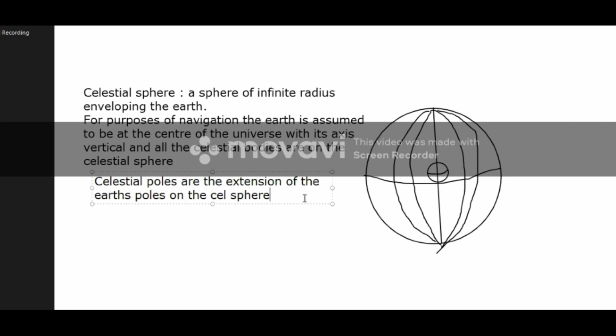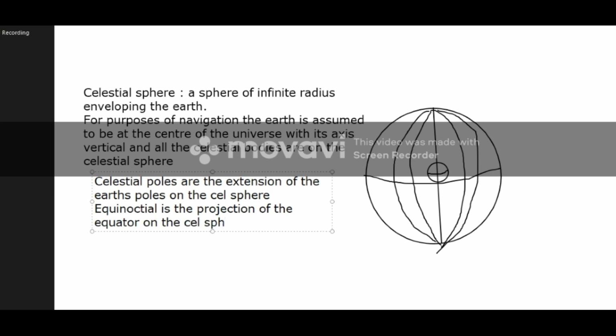Then we can say that equinoctial is the projection of the equator on the celestial sphere.